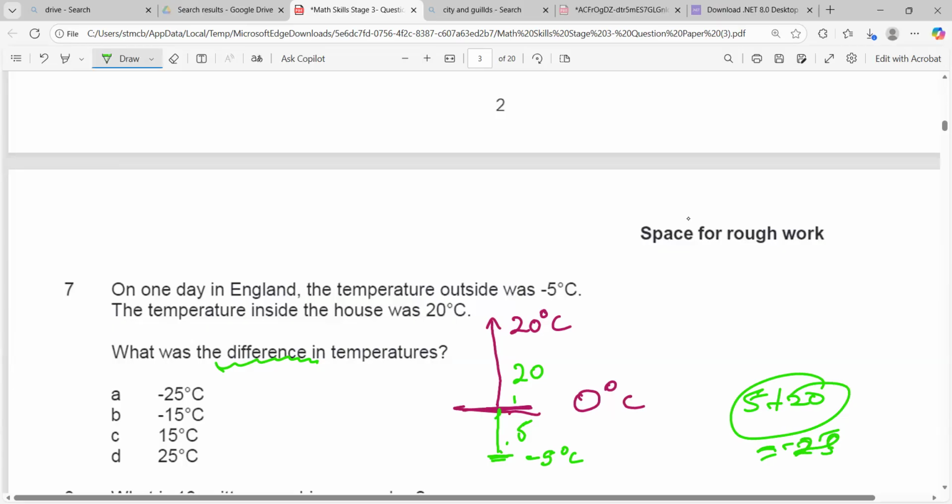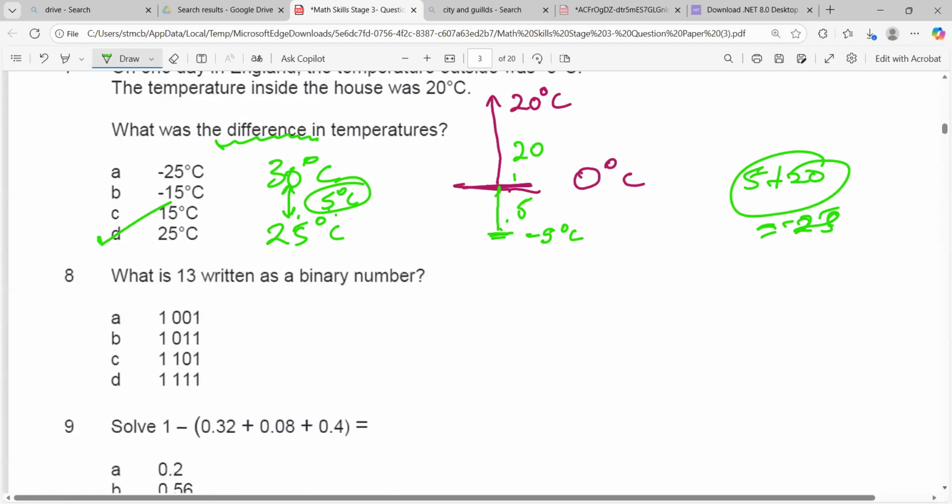Look at it this way: suppose it was 30 degrees and the other was 25 degrees, and we ask what's the difference? The difference would be 5 degrees, right? It's not positive or negative because they are both the same. But remember, coolness represents the negative. Once it's below zero, it starts representing negative. So the answer is D. All right.